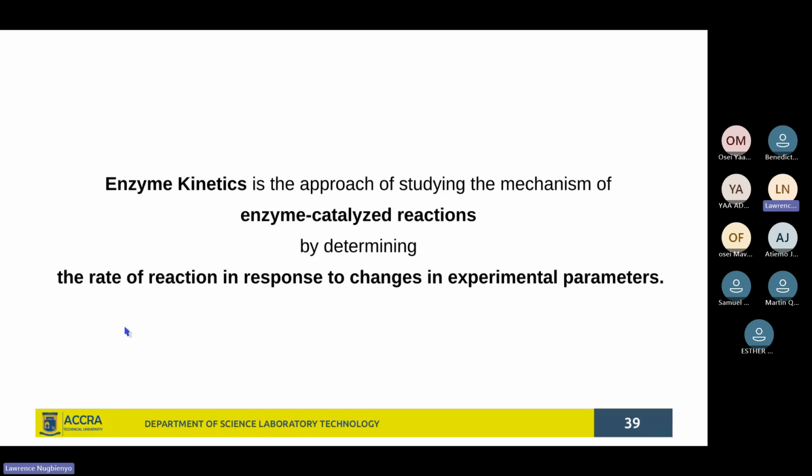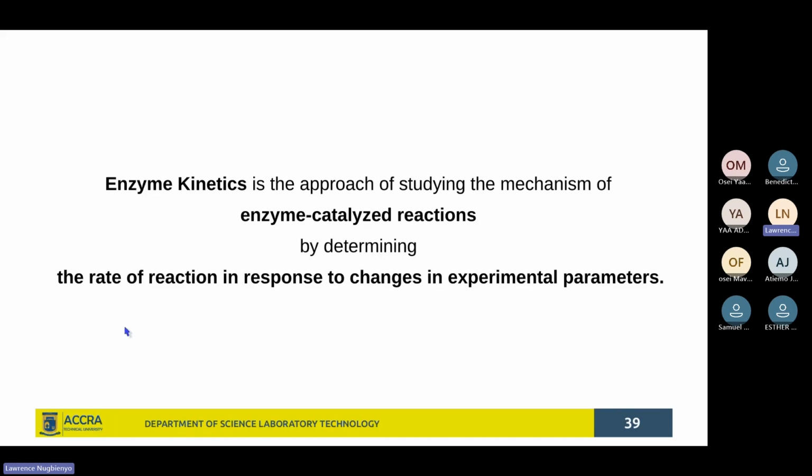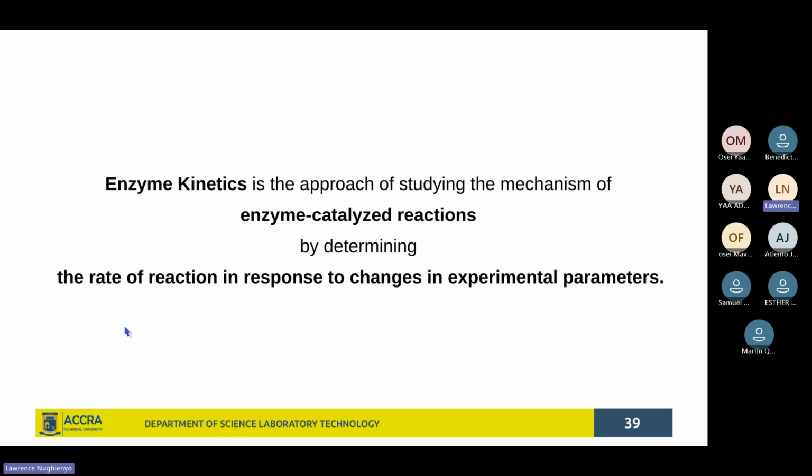Let's take that you are running an enzymatic reaction, and that the product of that enzymatic reaction is a colored product, which means that if you want to study the influence of the concentration of the substrate in that reaction, you have a constant amount of enzyme present in the solution, and you have different concentrations of substrate in the solution.